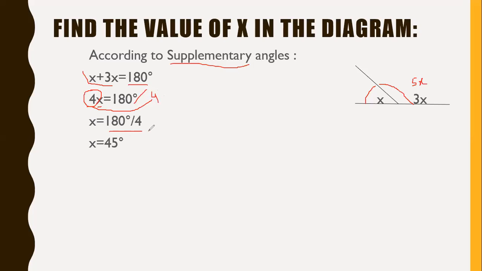So I have to write 180 divided by 4, not 4 divided by 180, please. So 180 divided by 4 gives you x is equal to 45 degrees. And that's what we want, the value of x. Clear, everybody?